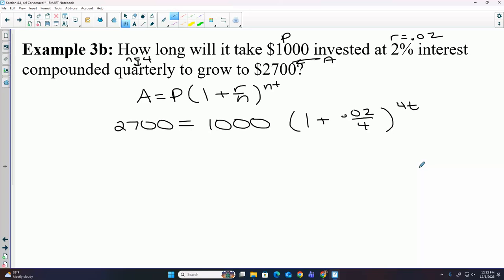We're looking for how long, so we're trying to find our time. All right, so we could divide by our 1,000. If you do 1 plus 0.02 divided by 4, what's that give you? To the 4t power. What would I have to do now?